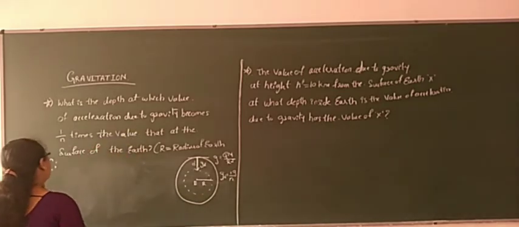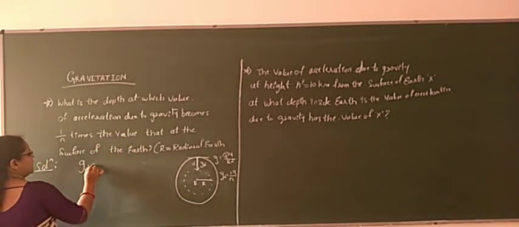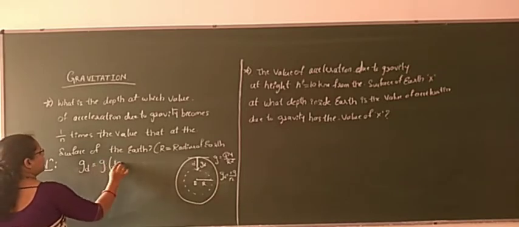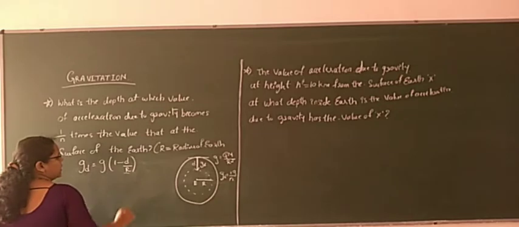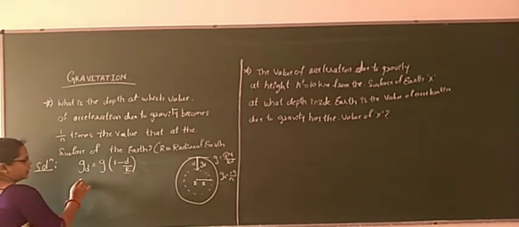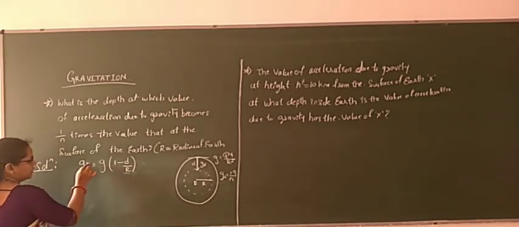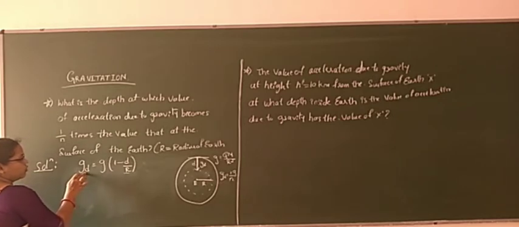So let us check here. Acceleration due to gravity at depth d is g of 1 minus d by r, where r is the radius of the earth. As given, the acceleration due to gravity at the depth is g by n.